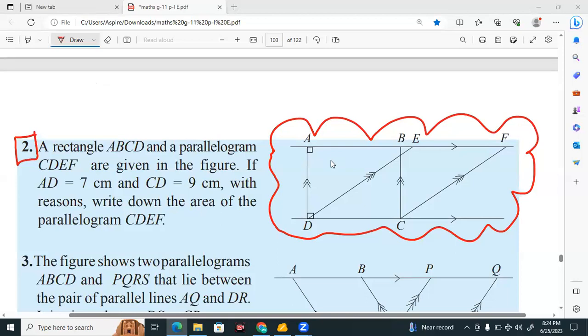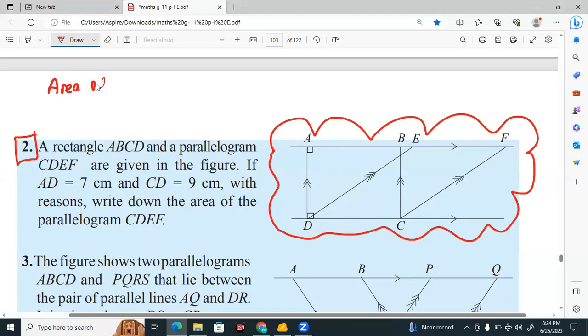Here first of all you have to remember, as I mentioned, that a rectangle is also a parallelogram. Then the area of a rectangle can be obtained by base into perpendicular height, or simply, as you know, length into breadth.